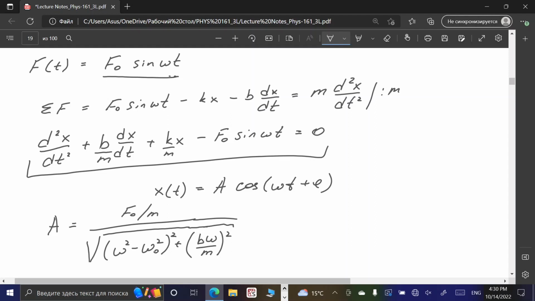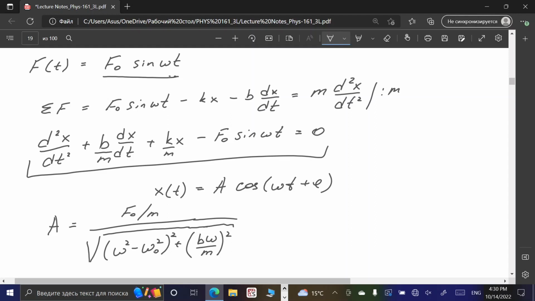So we will have oscillation, forced oscillation with the same frequency of the driving force and constant amplitude, which is proportional to the magnitude of the exerted force. And also obviously depends on the natural frequency of the system and also this drag force coefficient, which defines the interaction of the block with the environment.